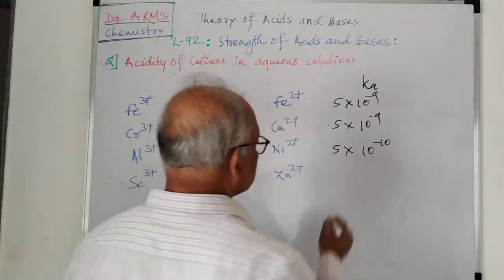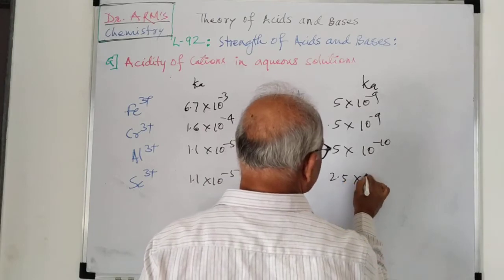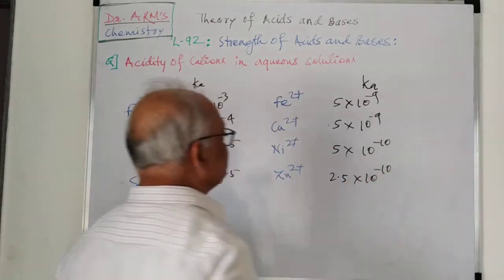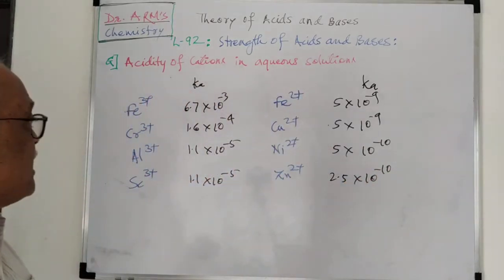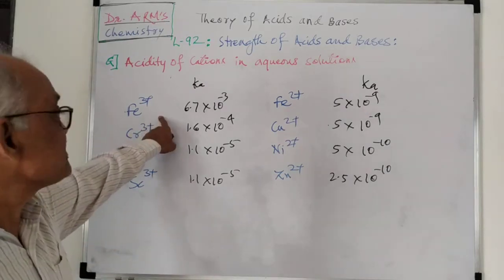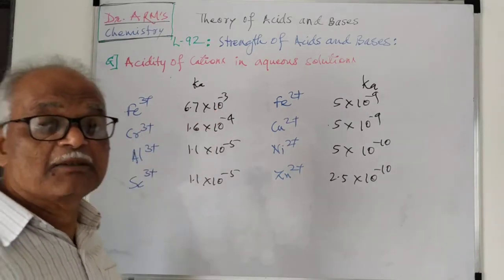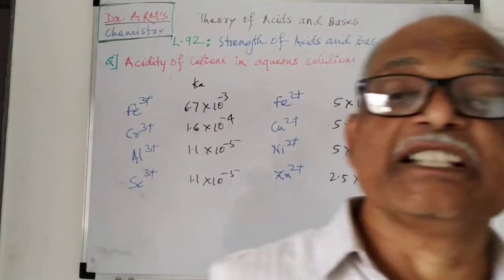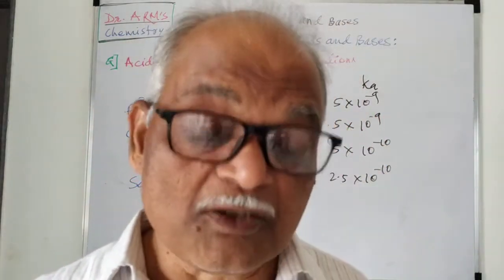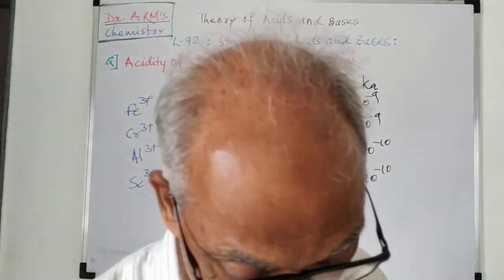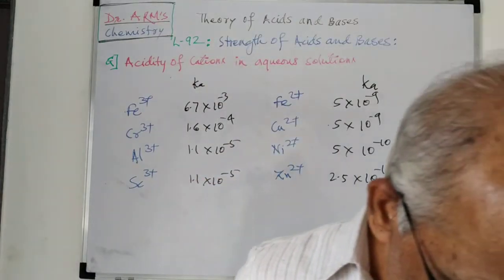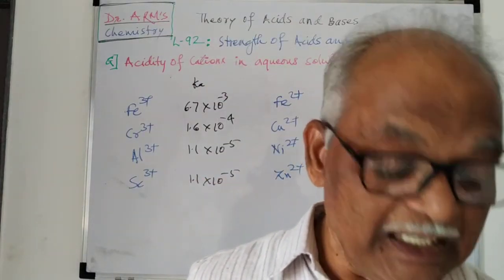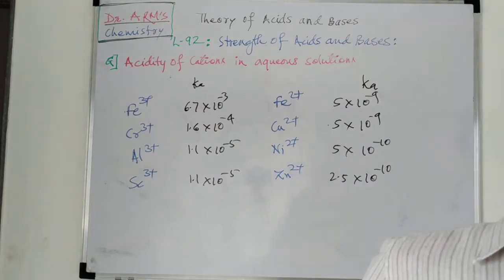And this has 2.5 into 10 raised to minus 10. So they show that the higher oxidation states have comparatively stronger dissociation constants or equilibrium constants, which shows that they can be easily dissociated.